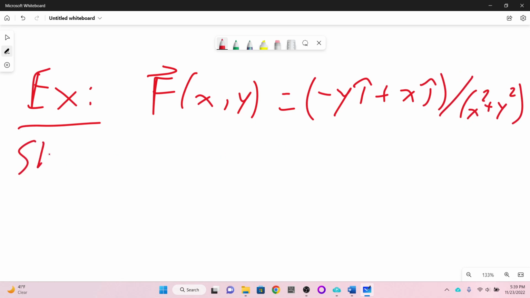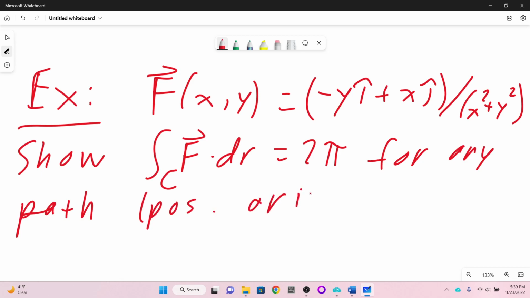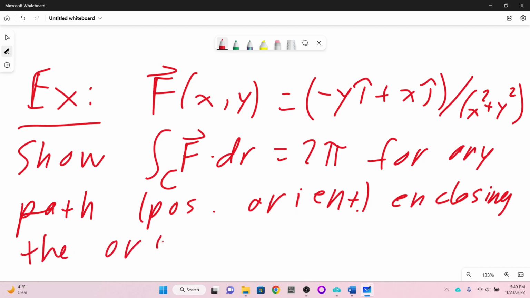And we want to show the integral of f dot dr along C is equal to 2 pi for any path with a positive orientation enclosing the origin. Copy that down if you need to, because I'm going to have to move it off screen.